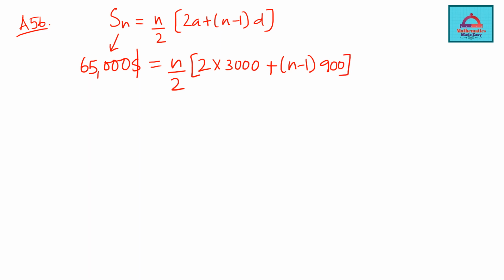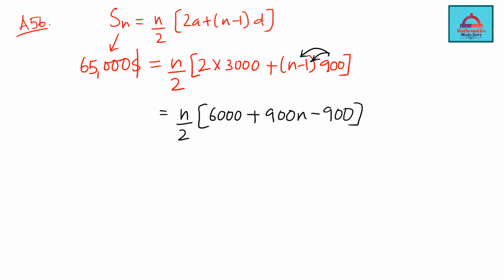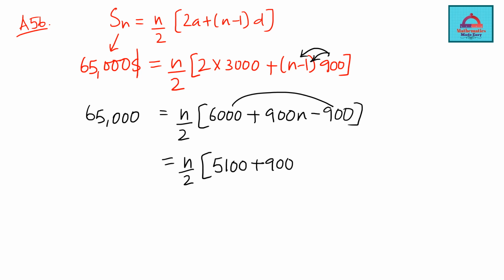So let's just simplify. We are going to use the distributive property here to open the bracket. So this is n by 2, 6000 plus 900n minus 900, and here you have 65,000. So now this is n by 2. Combine these two. 6000 minus 900, which will be 5100, plus 900n is equal to 65,000.